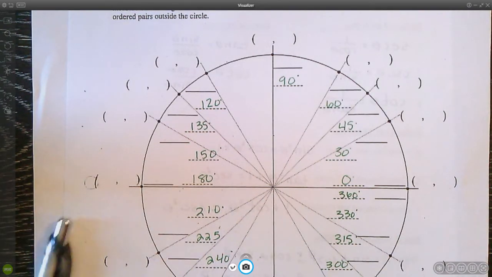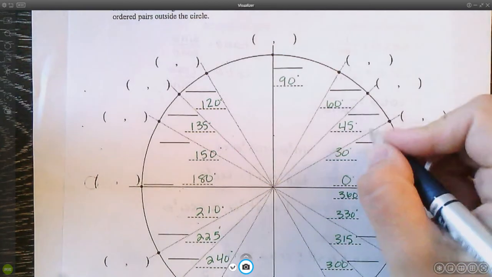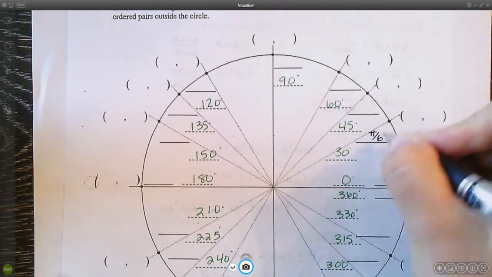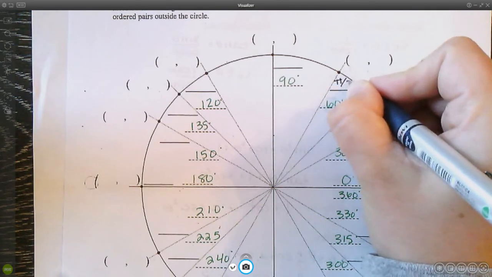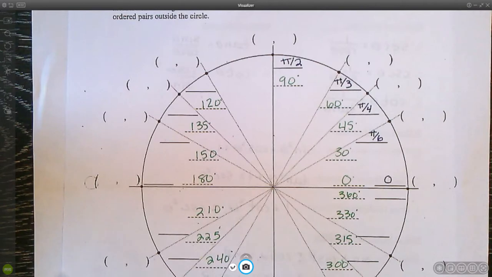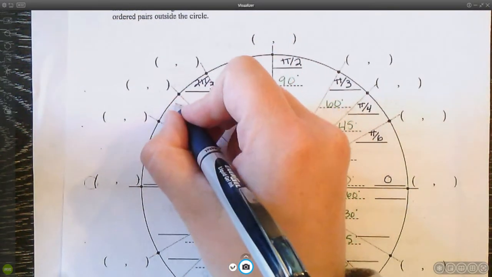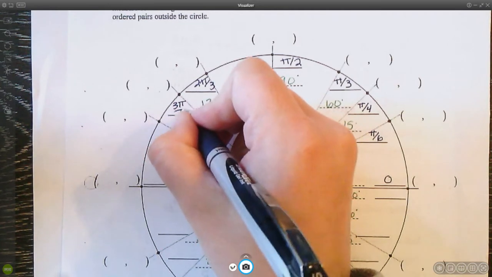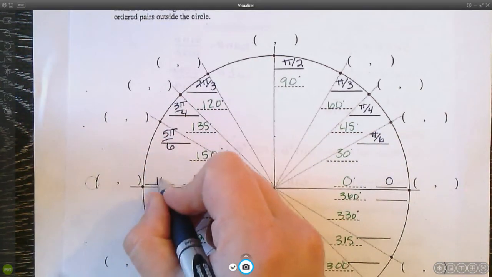Okay, then the next thing we're going to do is radians. So we have 0, pi over 6, pi over 4, pi over 3, pi over 2. And then we have 2 pi over 3, 3 pi over 4, 5 pi over 6, and pi.